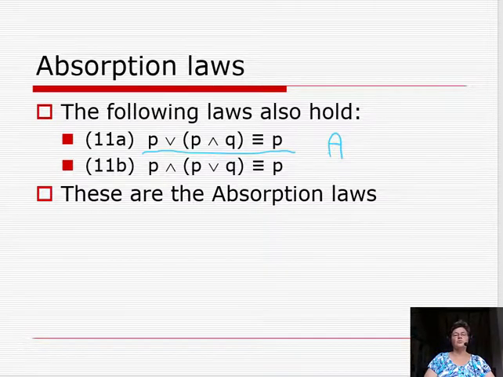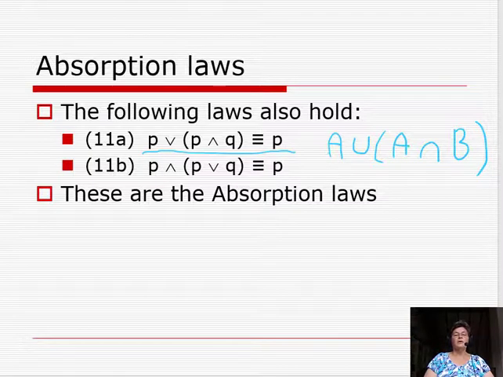For instance P, we make it set A, the OR changes into a union, and then between brackets we have the same set A again, with an intersection, the AND we change into an intersection, and another set. Okay, and apparently this one is equivalent with A.